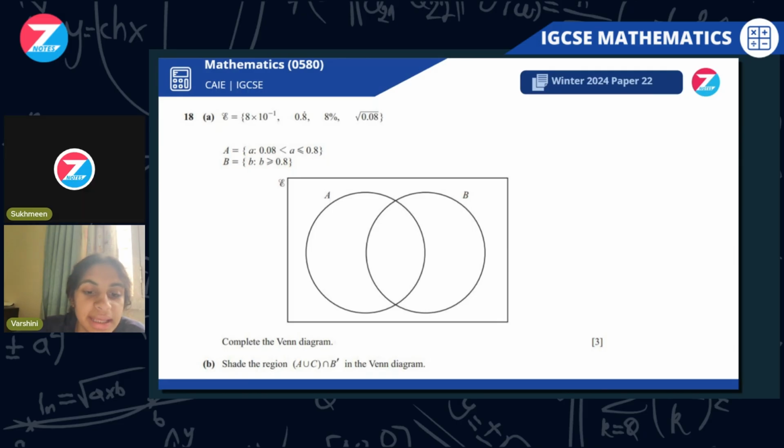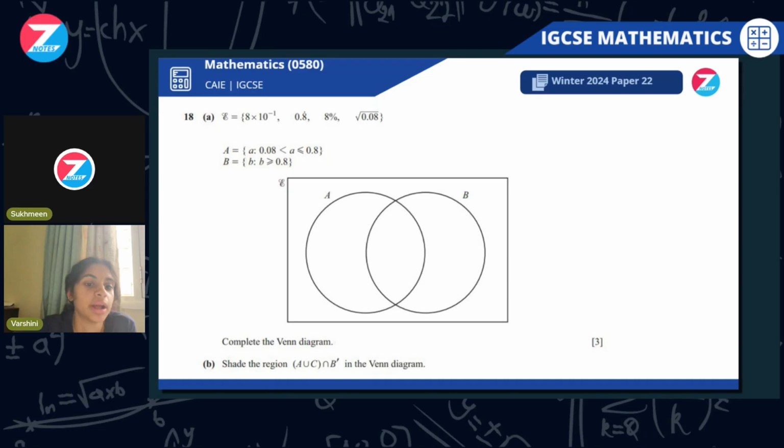Basically they want us to complete the Venn diagram. In A, all the elements are going to be the numbers between 0.08 and 0.8, which is also included, as we know by this sign.